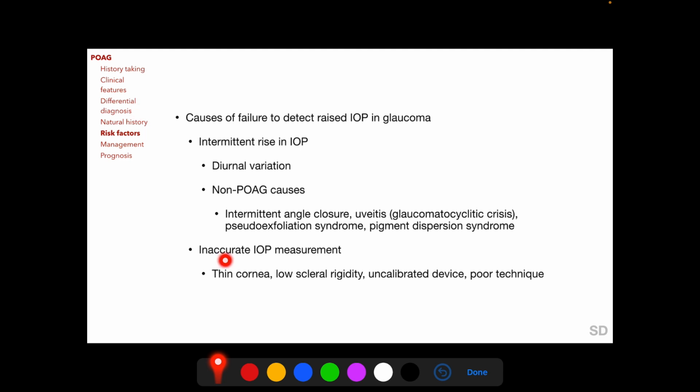Inaccurate IOP measurement can also result in failure to detect a raised intraocular pressure, and inaccurate IOP measurement can be due to a thin cornea, a low scleral rigidity, uncalibrated device, and a poor technique of measurement. Thin cornea is a factor in Goldmann applanation tonometry, and low scleral rigidity is a factor in Schiotz tonometry.